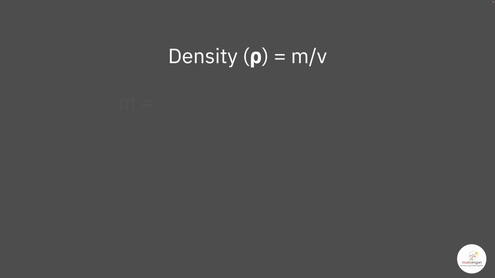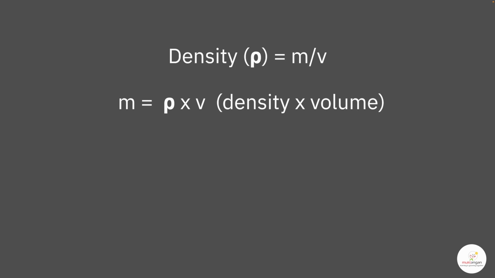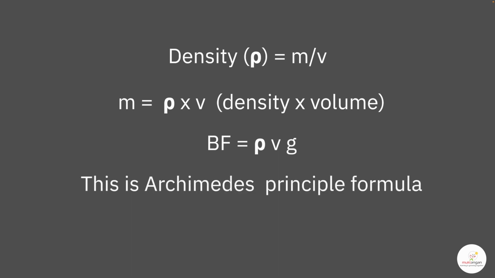So m will be equal to rho times v, that is density times volume. Thus, mathematically, BF can be written as FB, which is the symbol for buoyant force, equal to rho Vg. So this is the formula for Archimedes' principle, that is FB = rho gV.